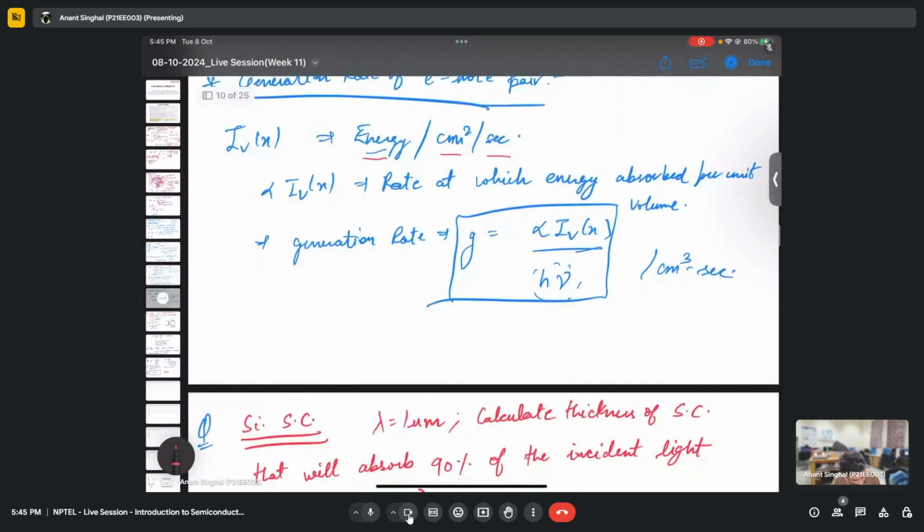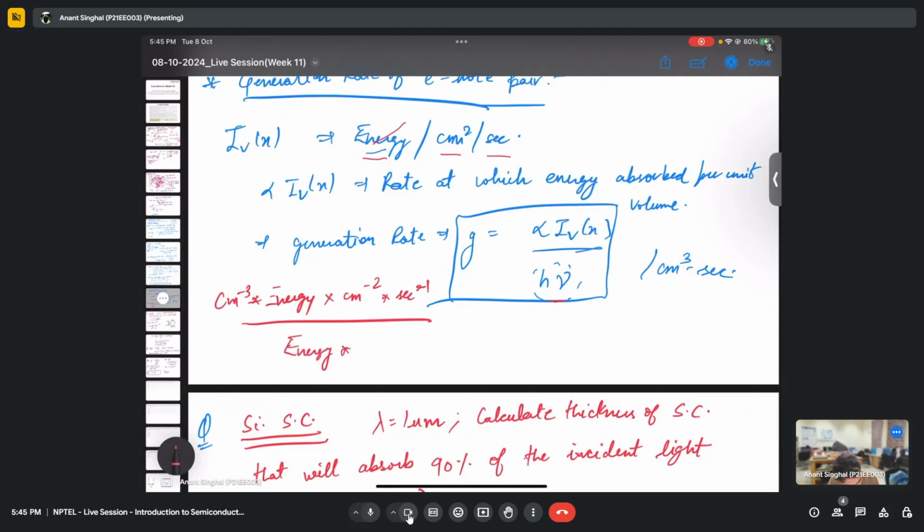And this energy is getting cancelled out, and this is now per unit area. Let me write clearly. So this is energy per centimeter square per second, and this alpha is per centimeter. Let's say this is per centimeter multiplied by energy per centimeter square per second, and this is energy per unit volume.